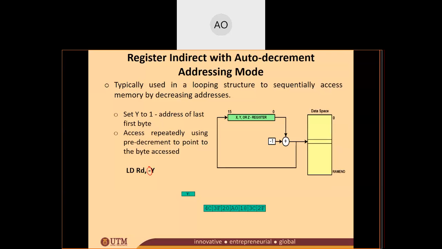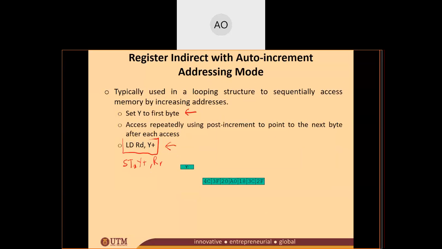This one we call a pre-decrement. Why pre-decrement? Because you first subtract from your pointer register address, and after that you load or store the data. Compared to this one, where you store the data first, or load the data, to the address pointed to by your pointer register, and then after that you increase your pointer register.